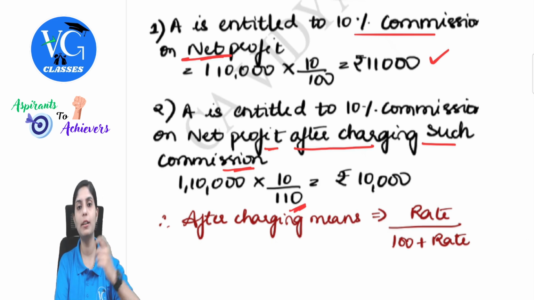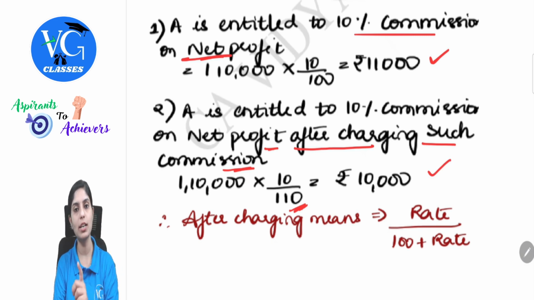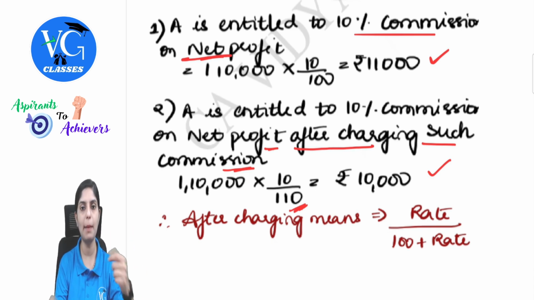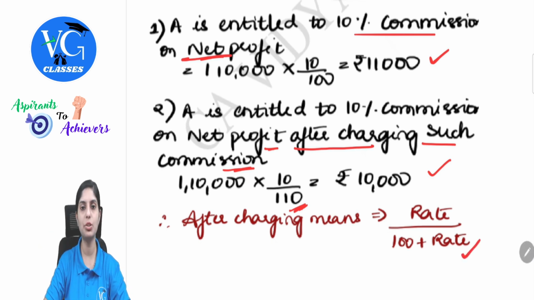So what was the rate? 10. So 100 plus 10 is 110. So this is how we calculate. If it is after charging, it could be after charging salary, could be interest on capital, any wordings given. If that is the case, you will take rate divided by 100 plus rate. Is this clear to each one of you? Yes. So that's what is mentioned here.